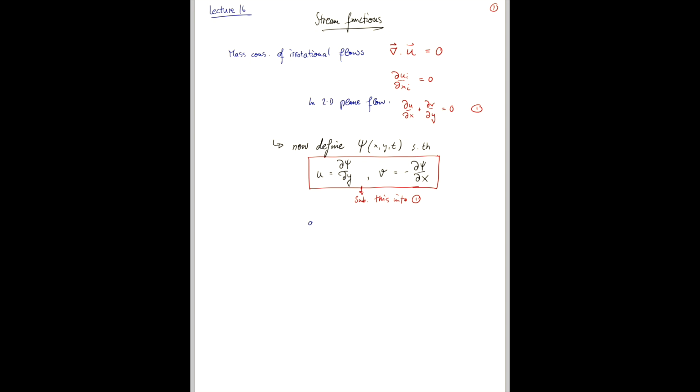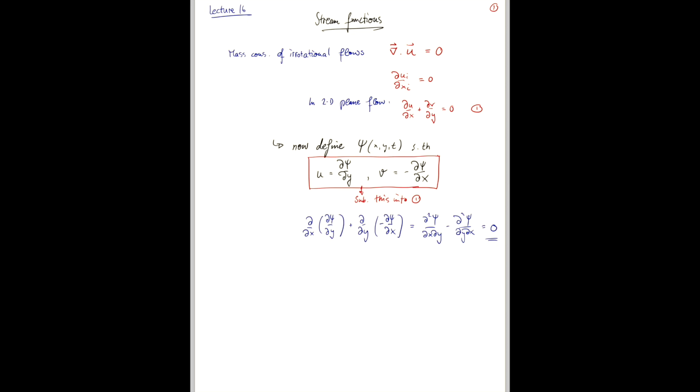Then we have d by dx of d psi dy plus d by dy of minus d psi dx, which is d2 psi dx dy minus d2 psi dy dx, and that is 0. So whenever we have an irrotational flow in 2D, the stream function psi will automatically satisfy the mass conservation.